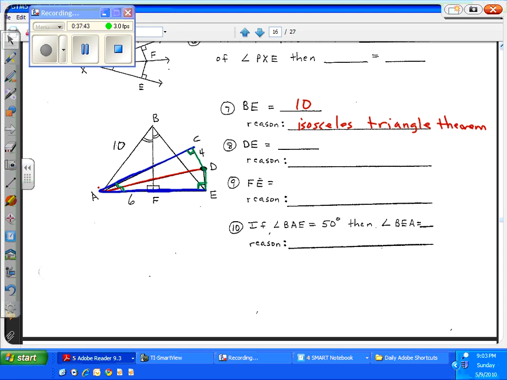And the conclusion, what do you know about DE? And what did that theorem that we just almost quote say? So what would our reason be? You got to go back and look up that theorem. If a point that lies on the bisector of an angle is, that's a pretty long reason. You just abbreviate that all you can, okay?